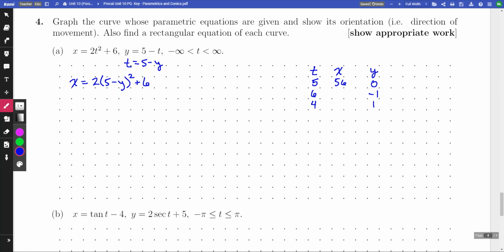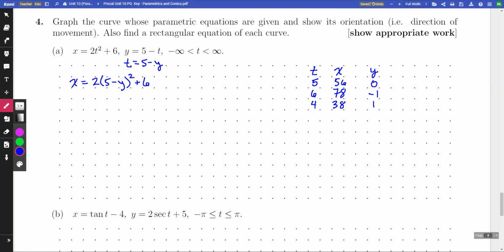And for the x values, I would have 2 times 36, so that would be 72, plus 6, that would be 78. And I'd have 2 times 16 plus 6, so that would be 32 plus 6, which is 38.